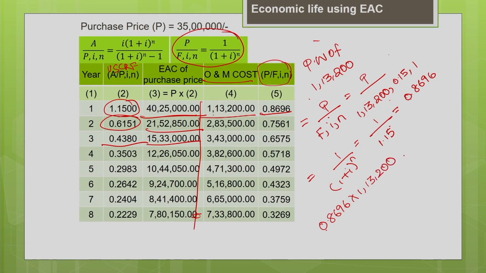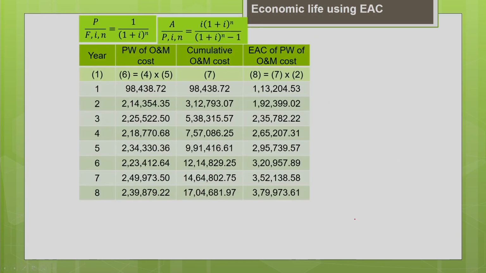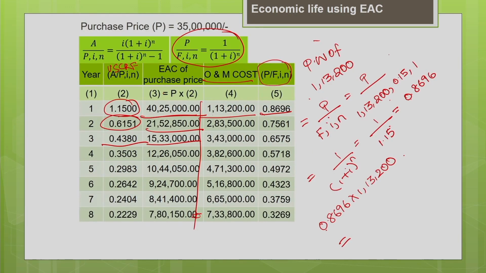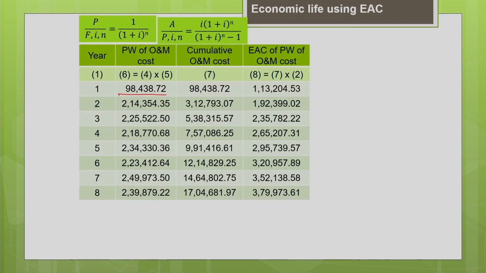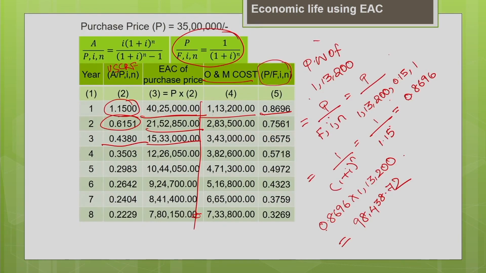So, you will get the present worth value, which you can see in the table is 98,438.72. Like this you are going to calculate the present worth of all the operating and maintenance costs.